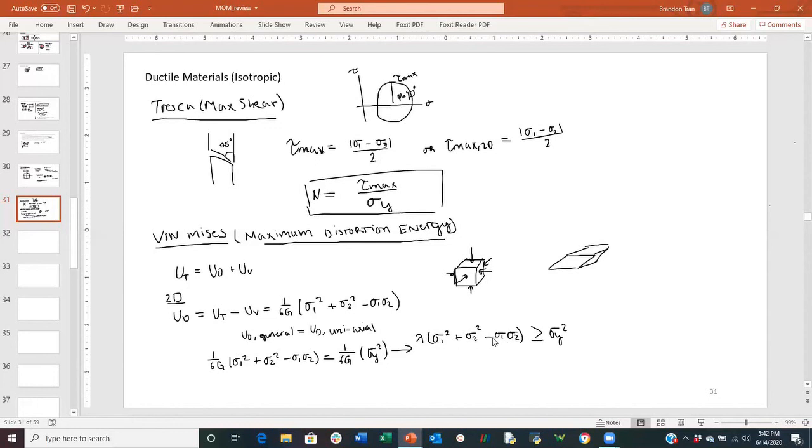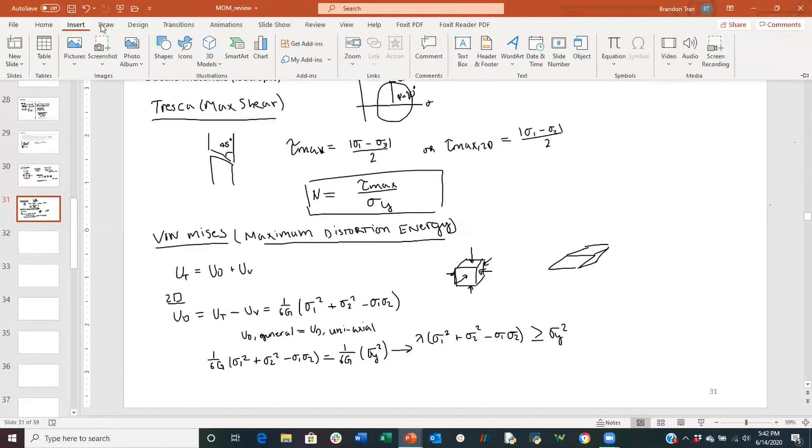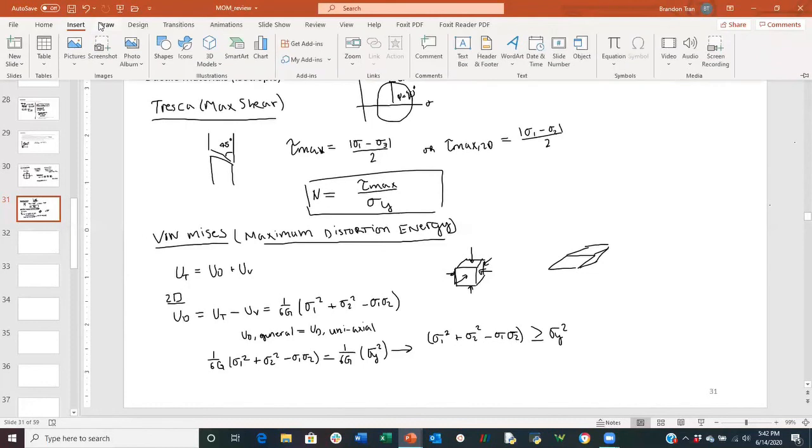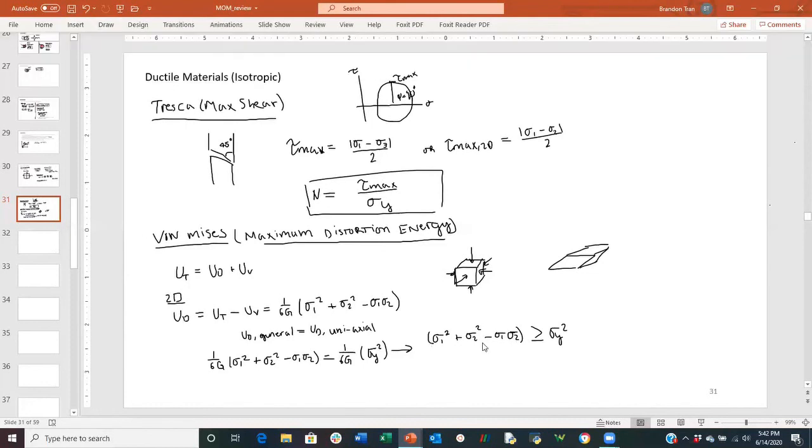That multiple does not just get multiplied against the whole expression; we accompany each principal stress with that lambda multiplier.